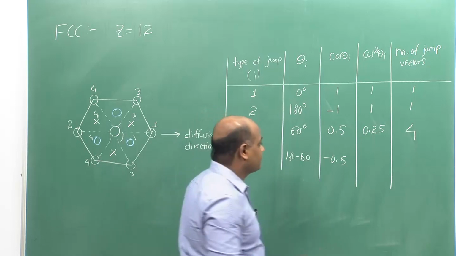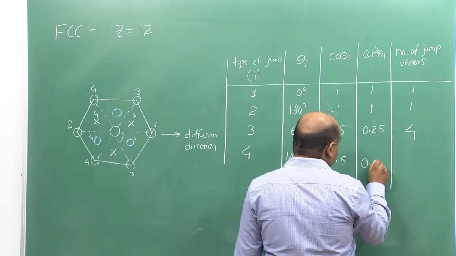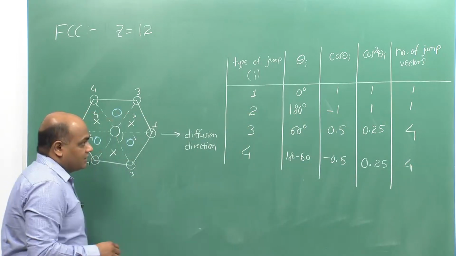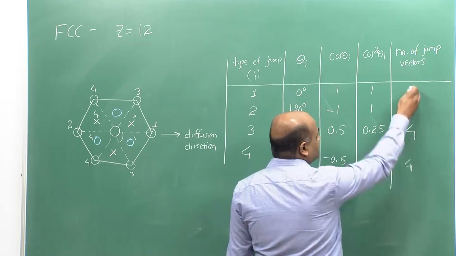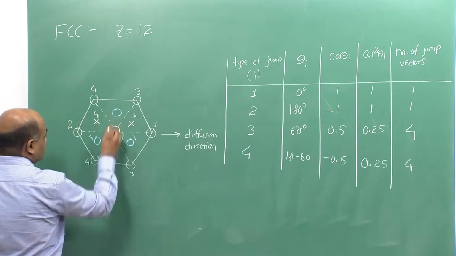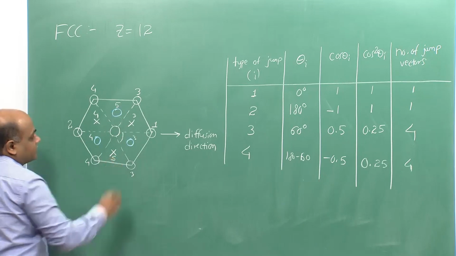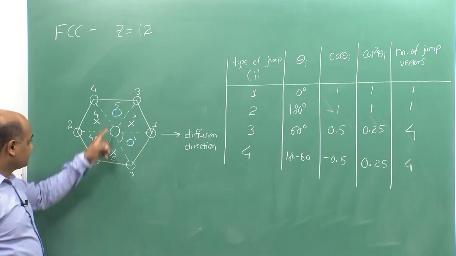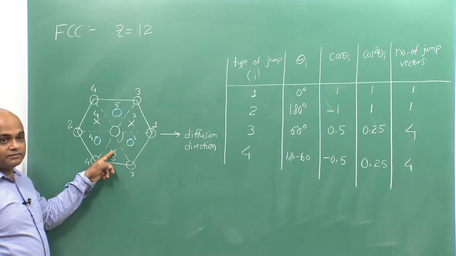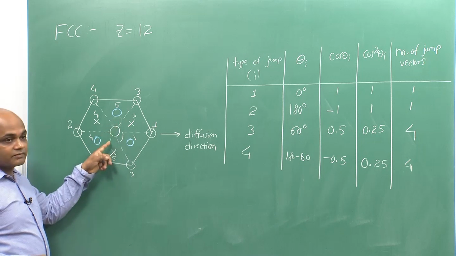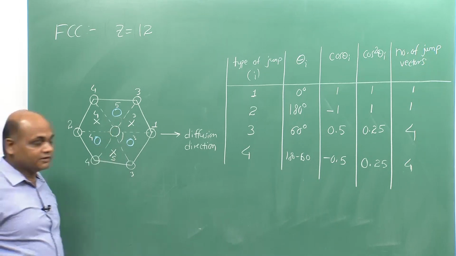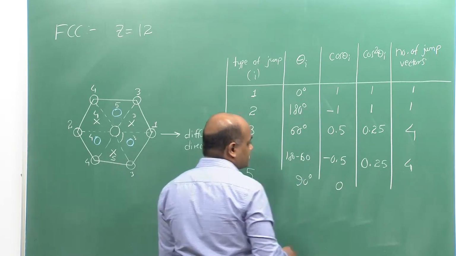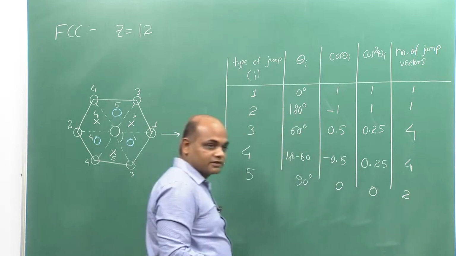So, cos theta is minus 0.5, cos square theta is 0.25, and 4 such atoms, and 2 are left, 4 plus 4 is 8, 9, 10, and those 2 are type 5. And what is the angle they are making with the diffusion direction? These two, 90 degree, right. So, cos 90 is 0, and 2 such atoms.